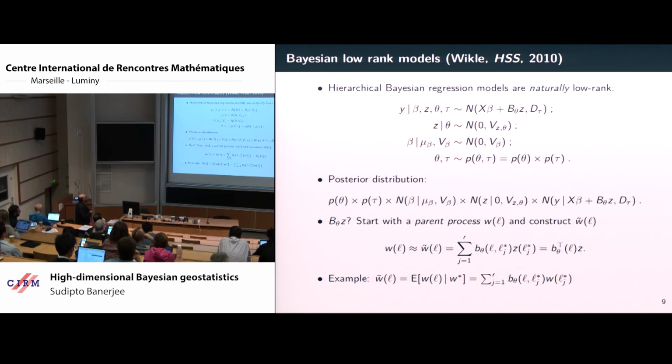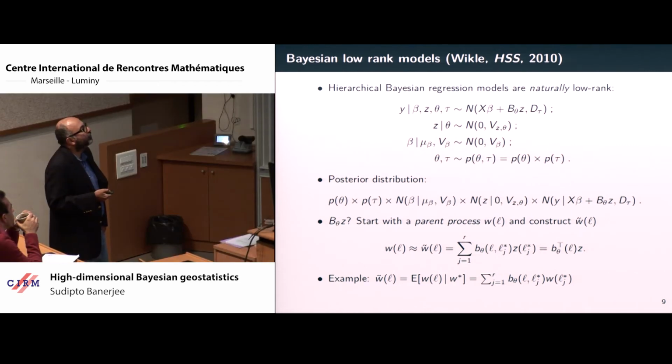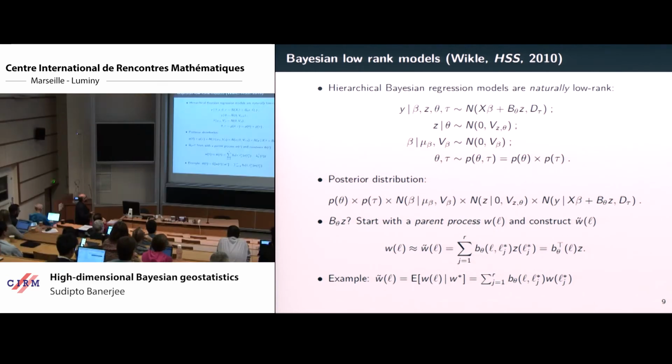Well, how do we construct this in spatial statistics? We start with the parent process, and then we construct a sort of low rank process out of that using a set of basis functions. And this is where the trick comes in. What types of basis functions we are going to use will depend upon the application. It's specific to the application and how we use it.